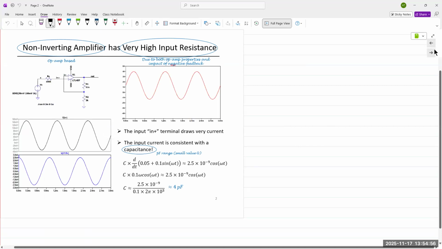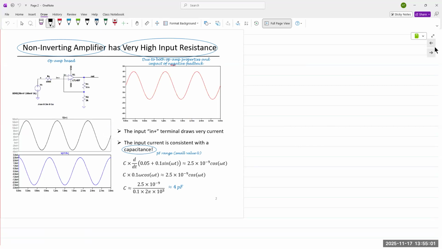Okay, so an op amp in general has very high input resistance and very low output resistance. Here's the thing to keep in mind. When you read up about op amps, it will say that ideal op amps have a few properties: infinite open loop gain, very high or infinite input impedance, and zero output impedance.